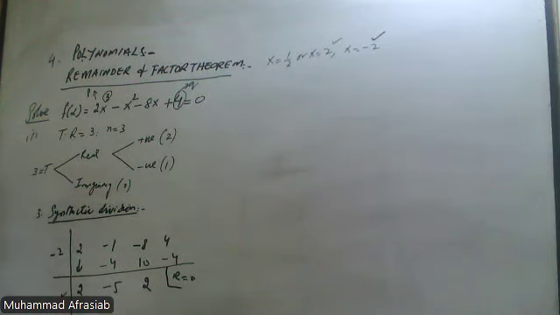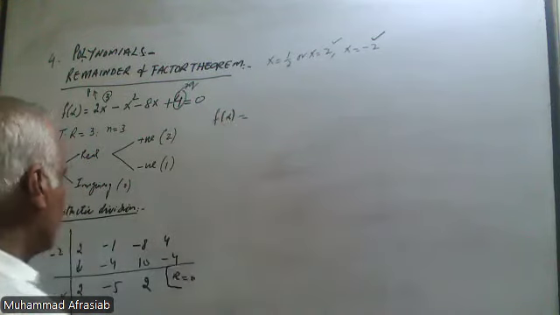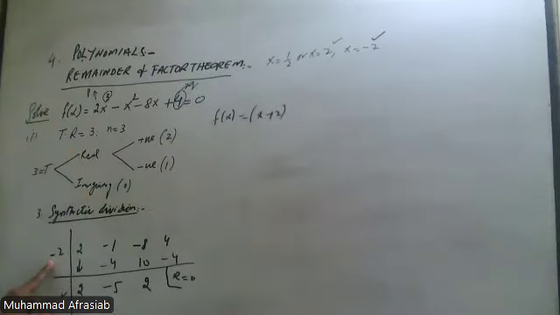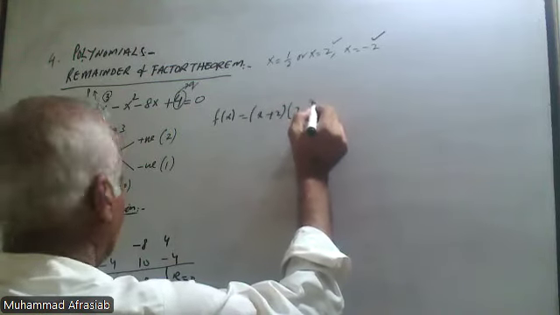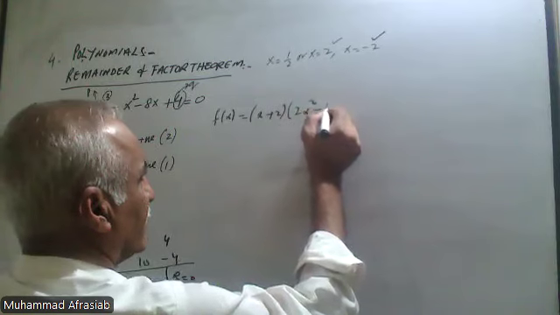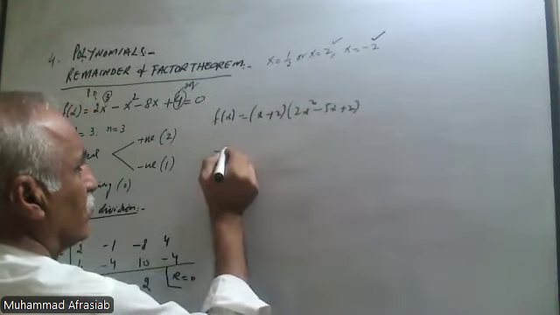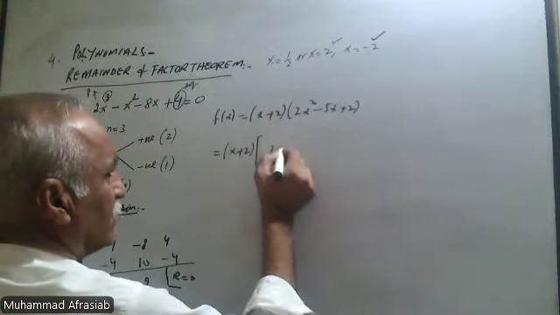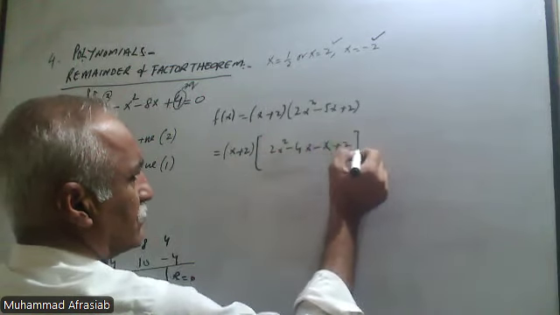So for this, you can write f of x is equal to x plus 2, because minus 2 is a factor. So we write it as x plus 2, and then this equation, which is 2x square minus 5x plus 2, will be equal to x plus 2 into 2x square minus 4x minus x plus 2.